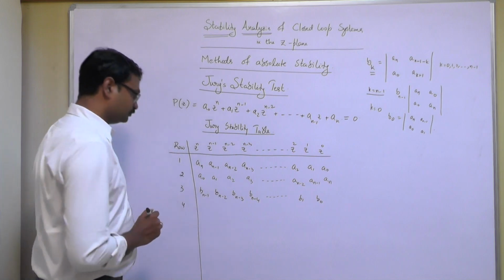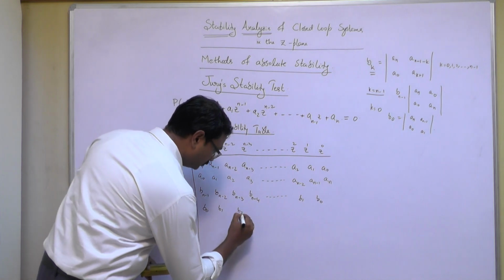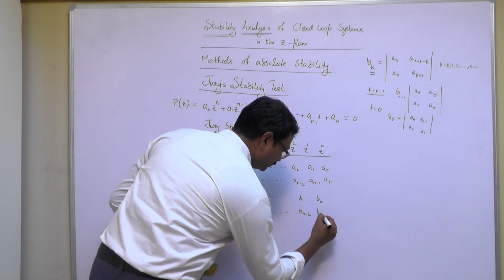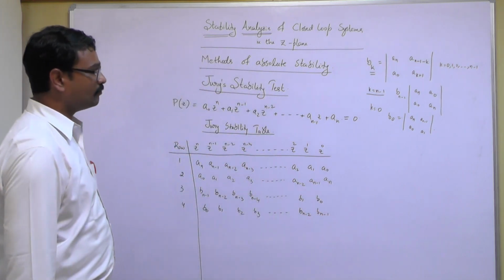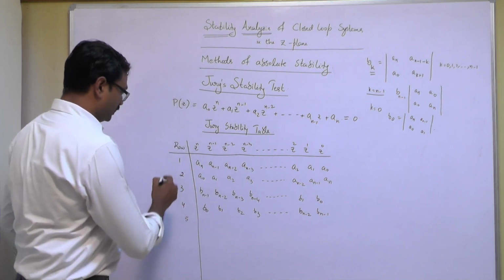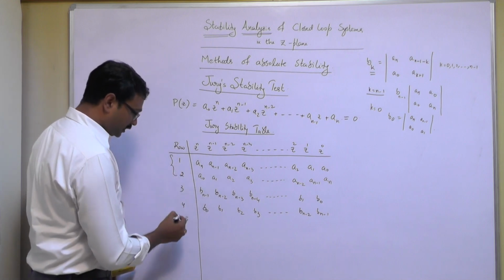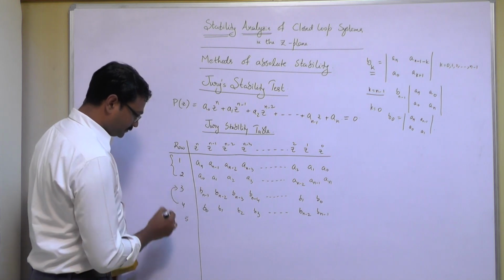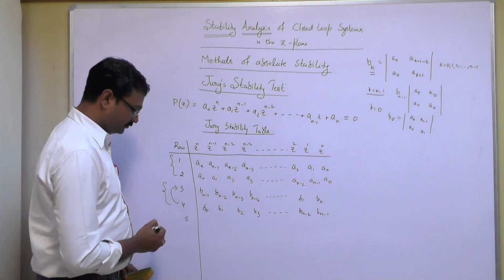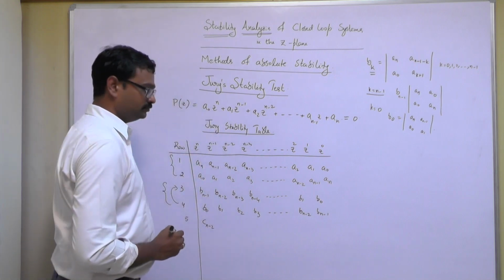Therefore, in the fourth row, you will reverse this order: b0, b1, b2, b3, so on, bn minus 2, bn minus 1. Okay, now in the fifth row, we will be obtaining values from the previous two rows. We have obtained the third row, and the fourth row is obtained from this, and the fifth row is obtained from these two values, where I put it as Cn minus 2, right?